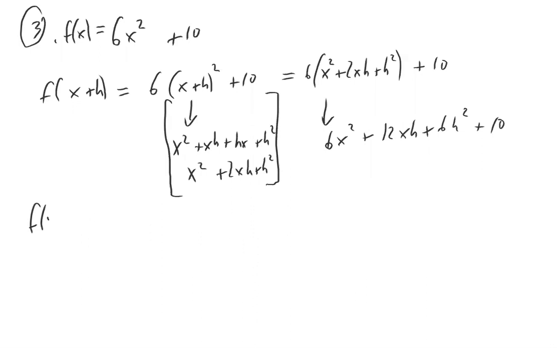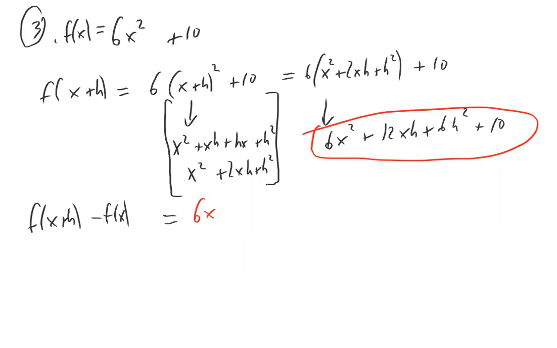What's f of x plus h minus f of x? What that means is that I'm going to take this part, 6x squared plus 12xh plus 6h squared plus 10, and then I'm going to subtract that part.